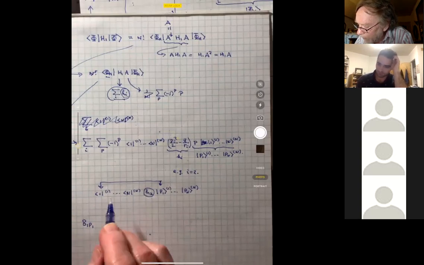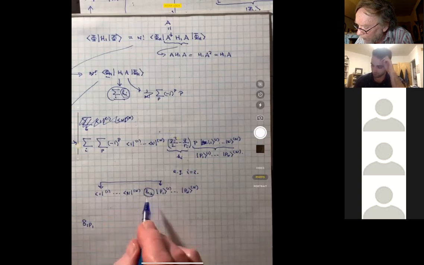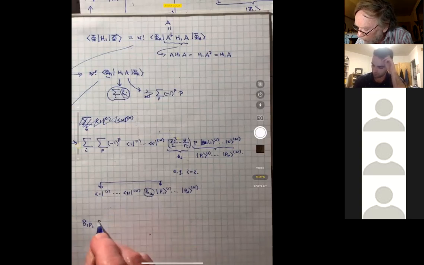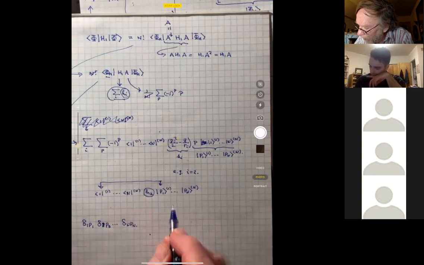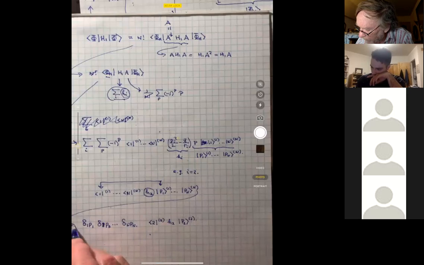The same thing will apply for electron 3, 4, 5, all the way out to n, not 2, but all the others except for 2. So we have Kronecker delta 3 P3 out to Kronecker delta n Pn like this. All right, for all the orbitals, and the only thing that's going to be left is the bra and the ket for particle 2. That'll be multiplied by bra 2 for particle 2, H2 in the middle, and then ket P2 for particle 2. So that's what this turns into.